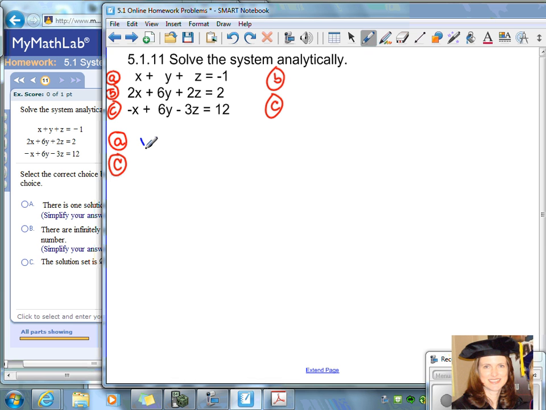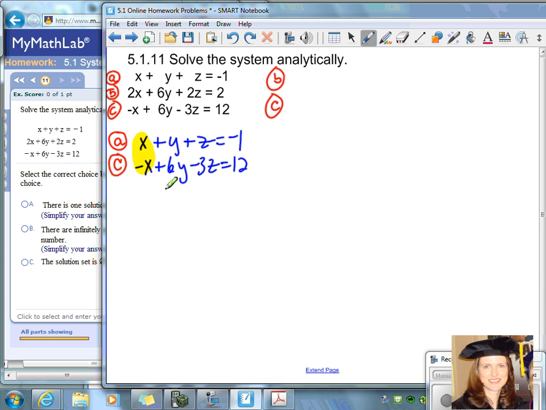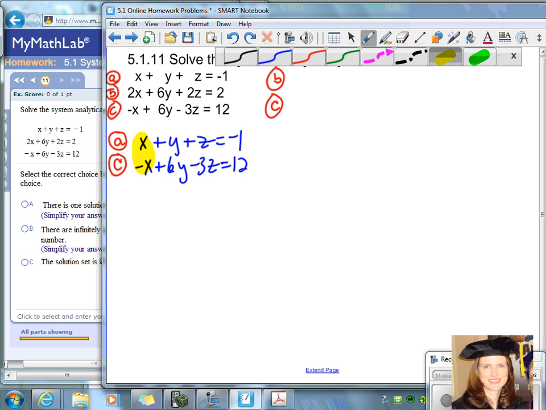So equation A was x plus y plus z equals -1. Equation C is -x plus 6y minus 3z equals 12. These already have opposite x terms, so when I combine them, I'm going to have an equation with only y's and z's.